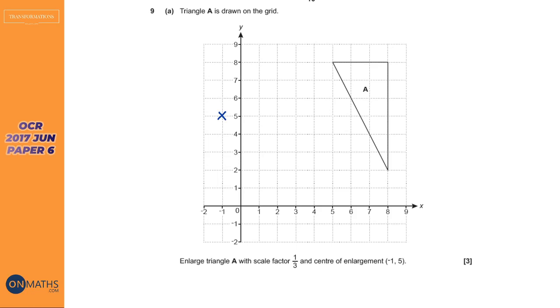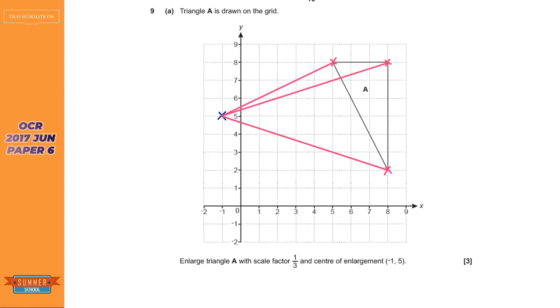Now you might be familiar with this, you might not, but the way of drawing enlargements is to join up each of the corners of the shape, the vertices, with the centre of enlargement. And each of those points, so this point here, this point here, and this point here, will shift towards the centre of enlargement.